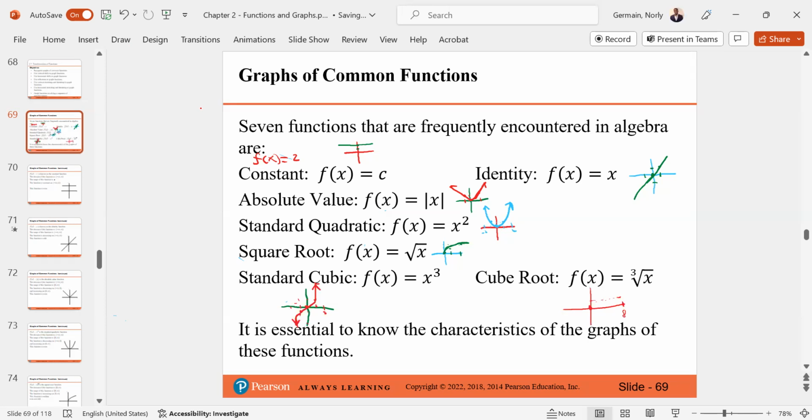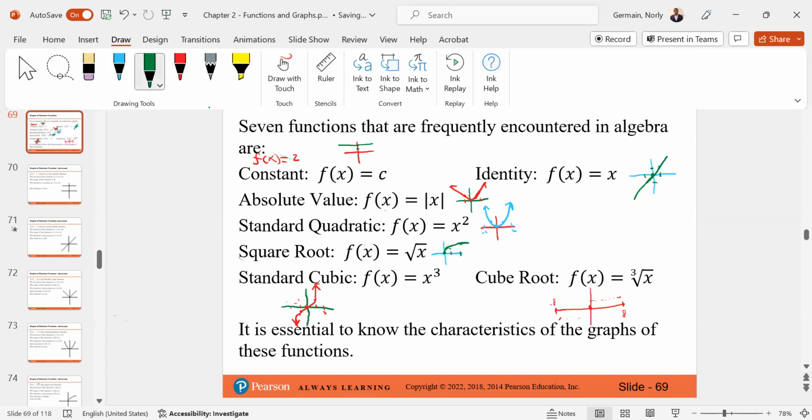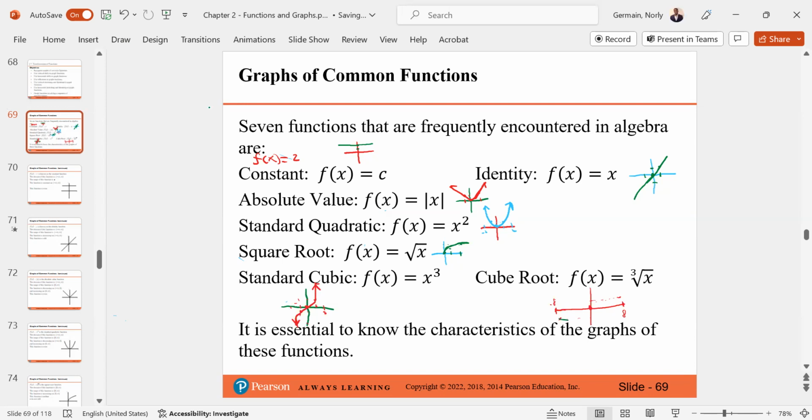And if x is -8, it gives -2. So that's why, in order to graph a function like that, just take 1 or 2 points to graph the standard function. So that would be the cube root, right?